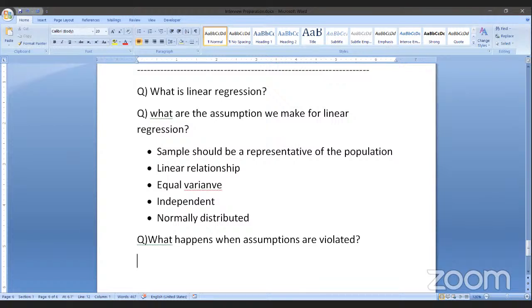So there are two kinds of violation. One is light and strong.